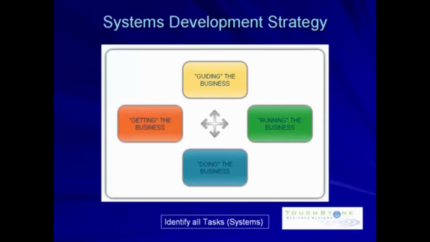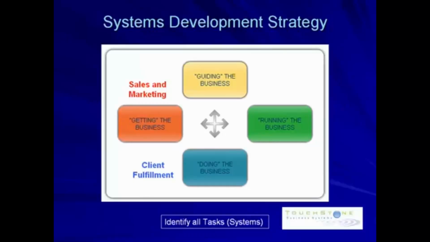Think of your business as having 4 core functions: getting the business, all of the sales and marketing systems, what we just did; doing the business, which is all about delivering on the promise made in the sales process, systems for client fulfillment, operations, customer service, basically all of the systems that directly relate to what you do for your clients.